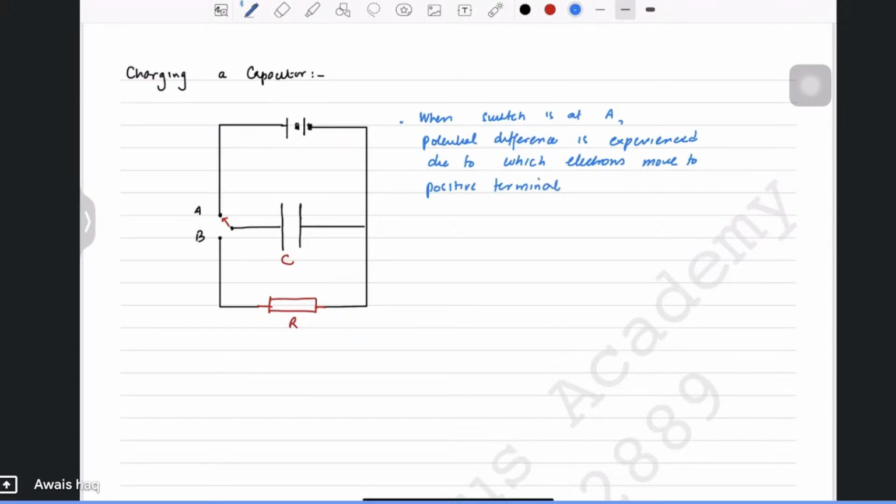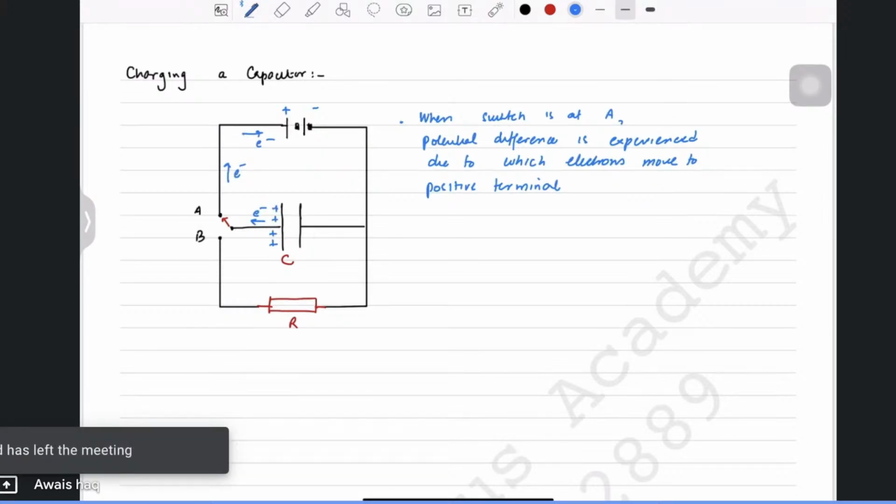So what happens is that when the electrons move, this is positive, this is negative. So electrons basically move this way, and when they do, this plate becomes more and more positive.